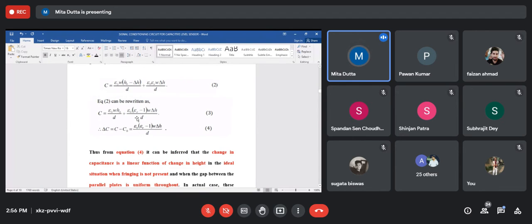Now this will be the equation of a change in capacitance for an ideal condition. That means we are going to neglect the parasitic capacitances, and we are going to neglect the effect due to fringing.